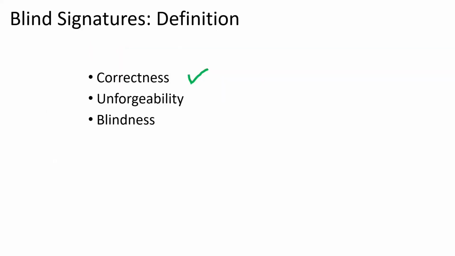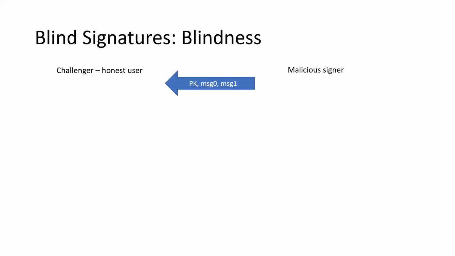Okay, so that's unforgeability. And blindness formally means, and I'm going to go super fast, that if you have an honest user who cares about his privacy, he doesn't want the malicious signer to know which message the user once signed, even though the signer says, here's my public key, and here are 2 messages that I want you to obtain signatures of.